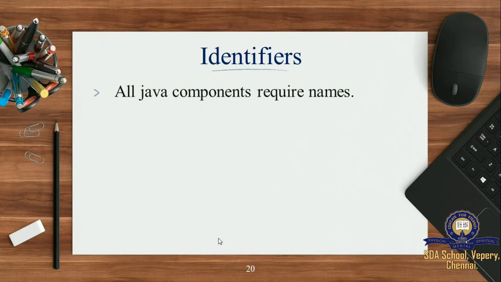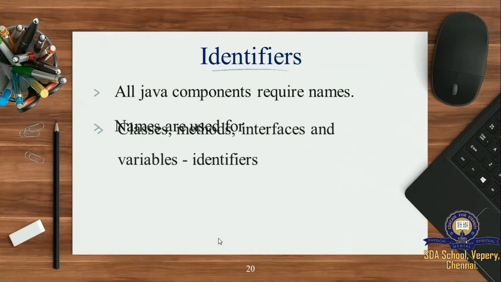In that program, what did you do? First, you gave a name to the project, and then it asked you for a new class. You gave a name to the new class. After giving a name, what happened? Then only you entered into the coding part, right? So likewise, all Java components require names, and those names will be used for what?